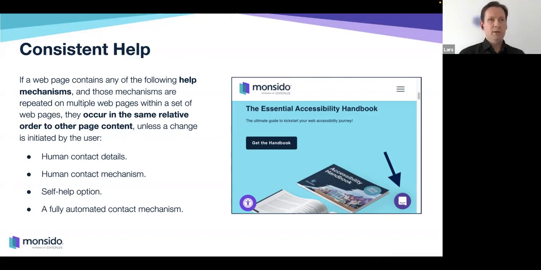Or it could be really valuable for someone like me, who also uses a screen reader, where it usually takes longer to get the overview of the page. So for someone like me, it would be really annoying if I know where to look for the help button on one page, and I would have to locate it again in a new position on the next page.